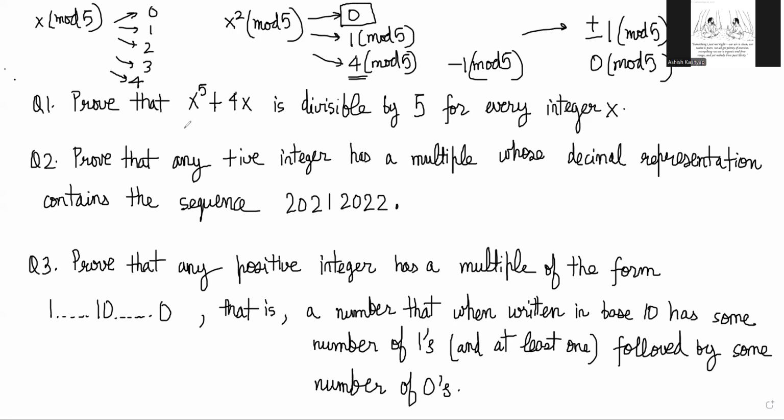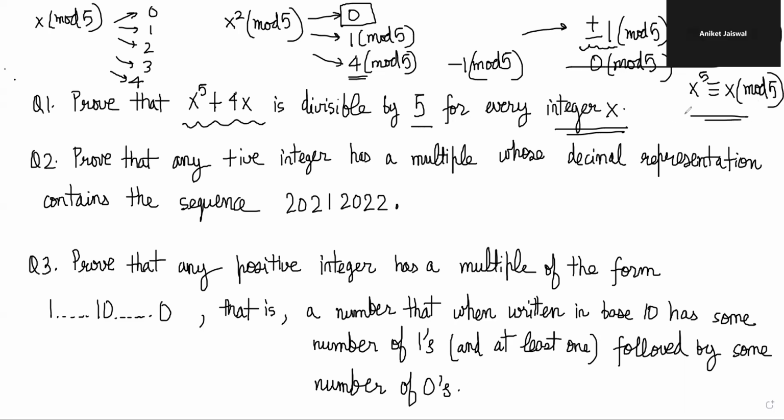That case is anyway done. If x is divisible by 5, obviously this will be divisible by 5. So we don't care about that case. For any other case, we have x square congruent to plus or minus 1 mod 5. So x power 4 will be congruent to 1 mod 5. So x power 5 will be congruent to x mod 5.